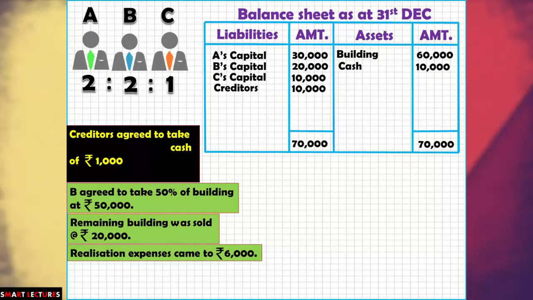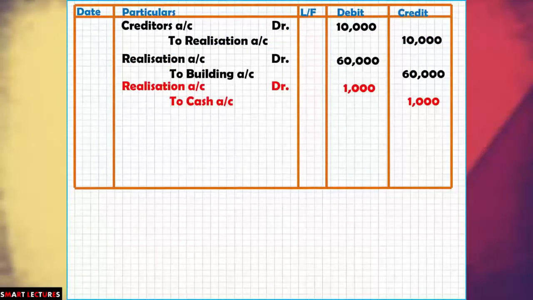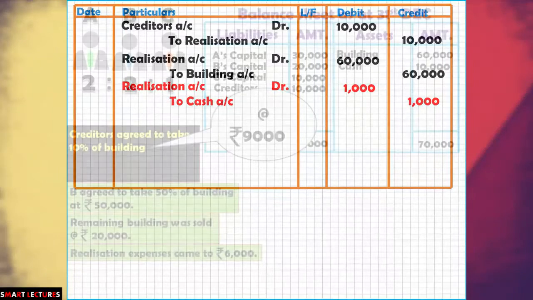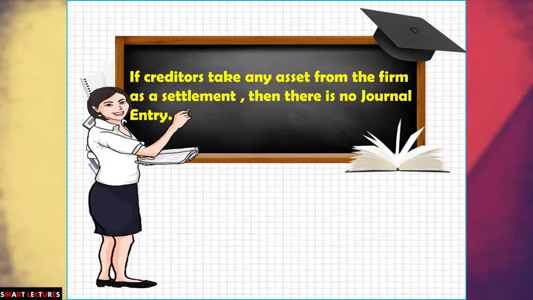Creditors took 1,000 rupees in cash. The journal entry will be realization account debit to cash rupees 1,000. Then creditors agreed to take building at rupees 9,000. If creditors take any asset from the firm as a settlement, there is no journal entry for that.